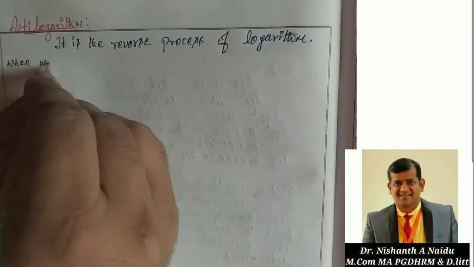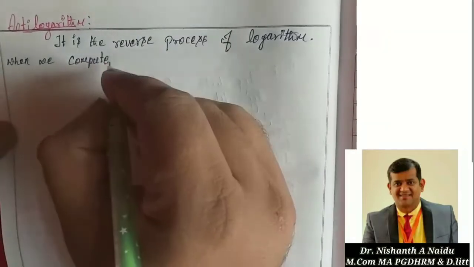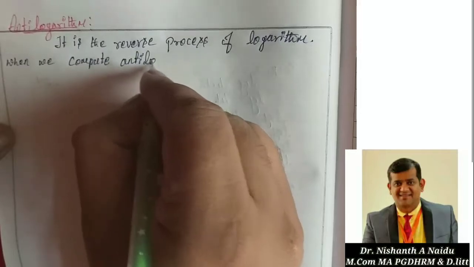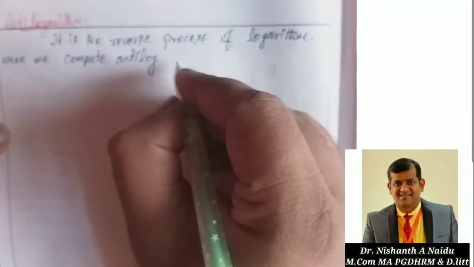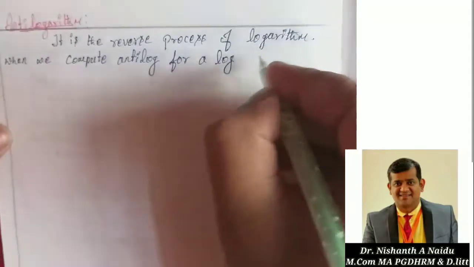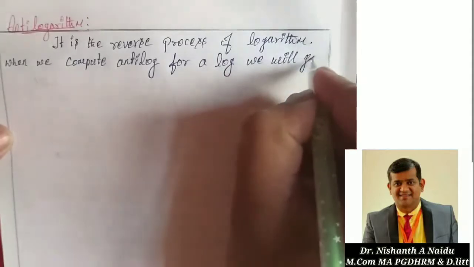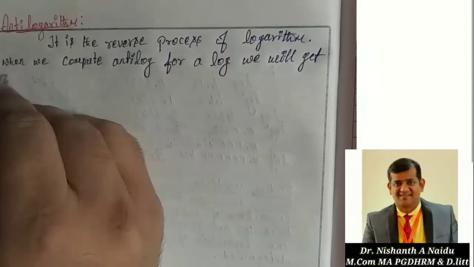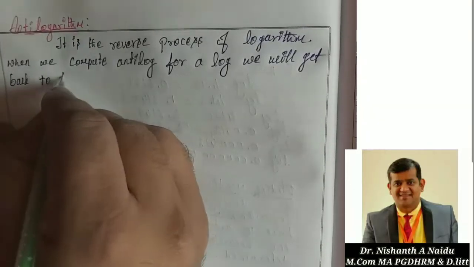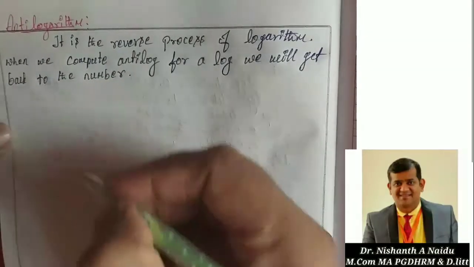So when we compute anti-log for a log, we will get back to the number.